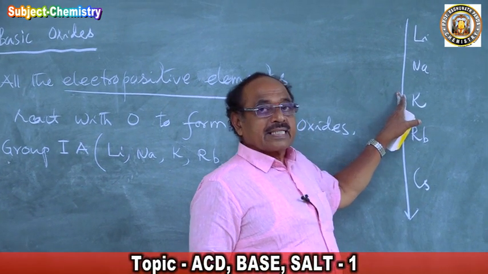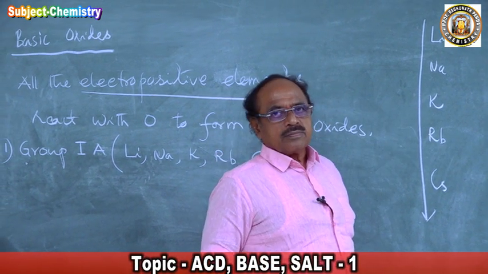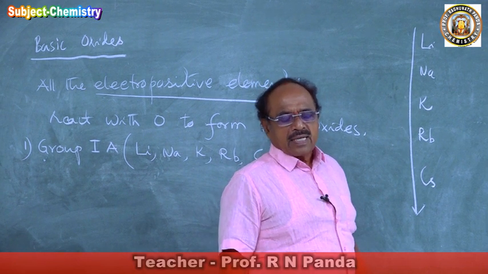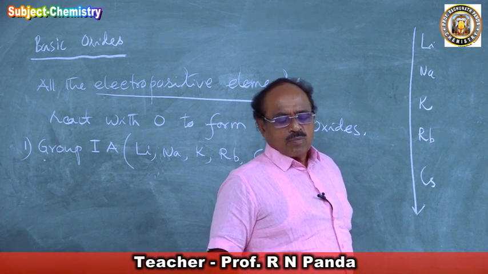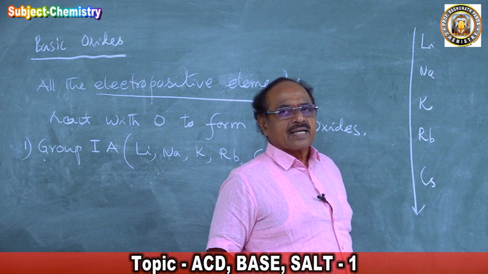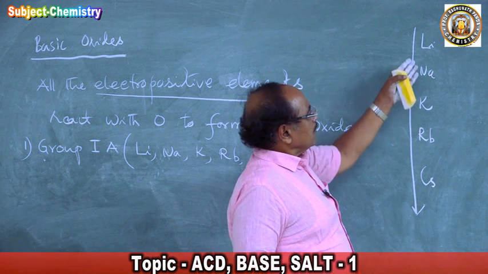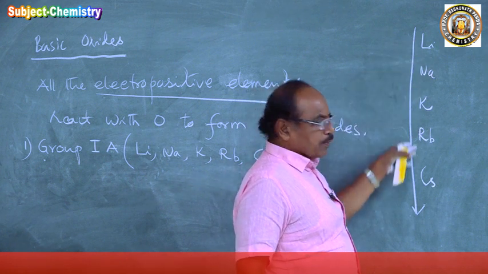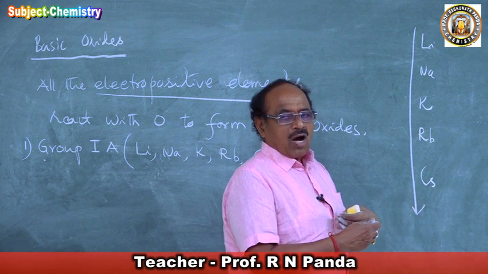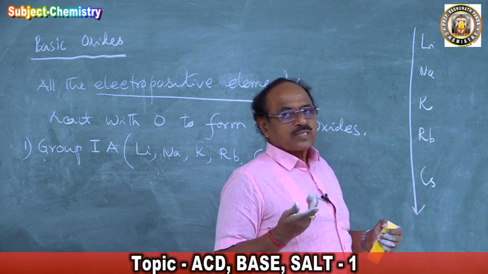When you go down the group, the electropositive character increases. For example, if you dig the earth, the moment you go on digging, you will feel the heat increasing. Exactly here, when you go down the group of the periodic table, the electropositive character of the elements increases. Why?